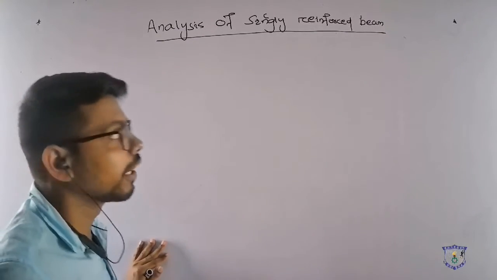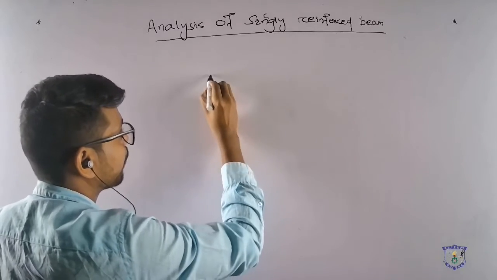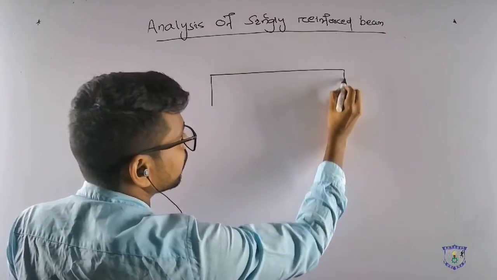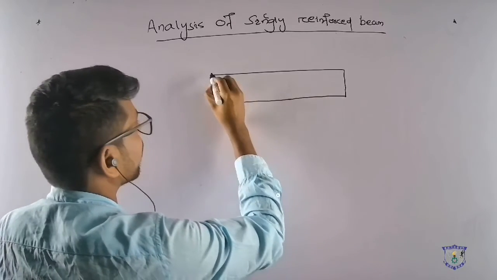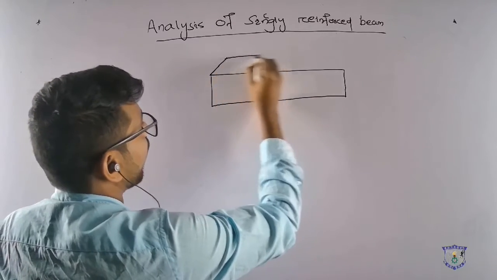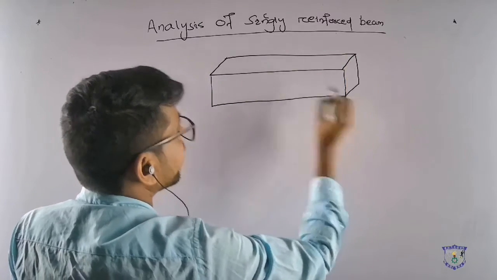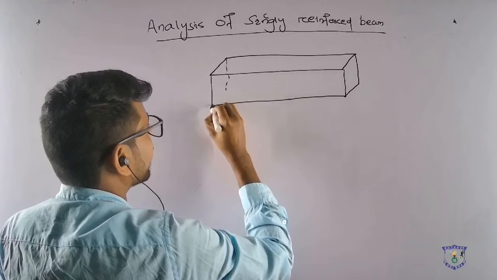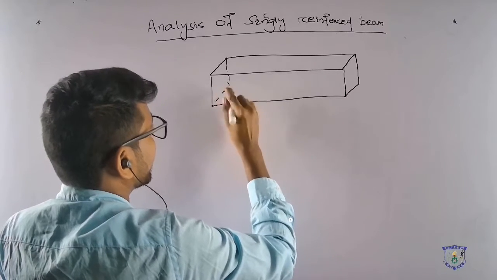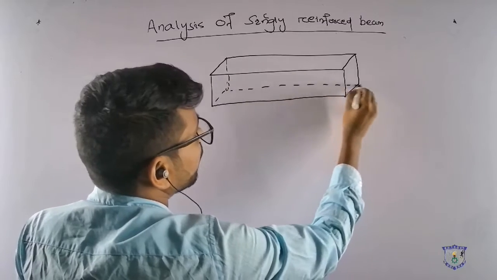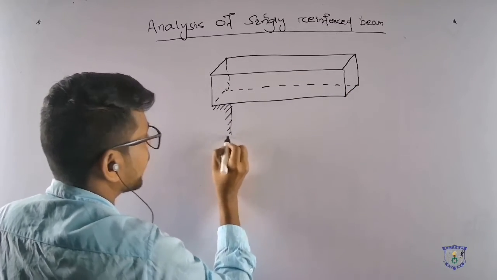Try to understand. If I take here a beam section, and let us take this beam is resting over a fixed support.